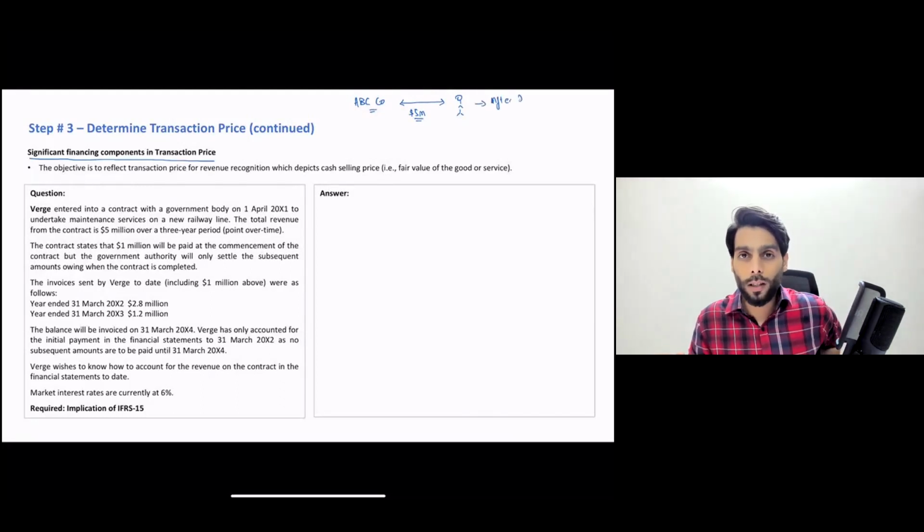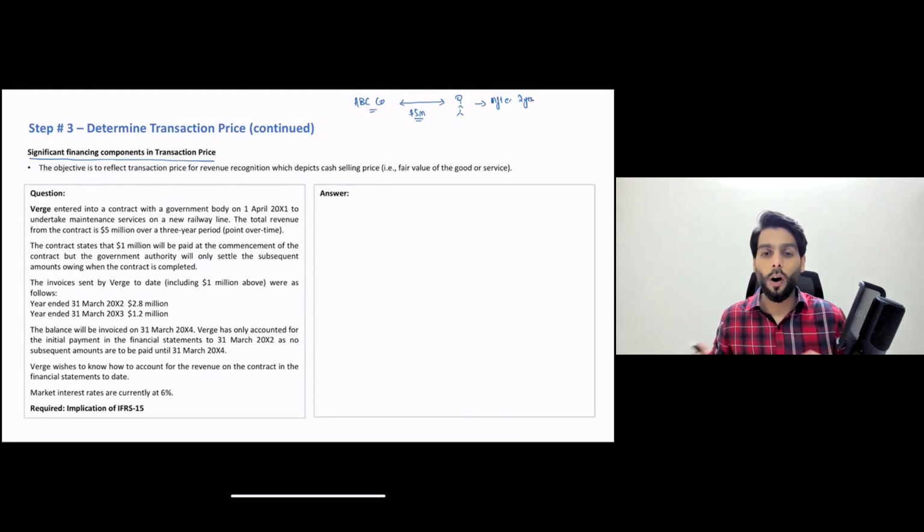Now just think about it. Would you offer this good or this equipment or whatever your product is to the customer on the same terms? Your customer is saying that okay, I'm happy with your product, but I can only pay after 2 years. Would you sell your product for the same 5 million to your customer? Yes or no? You would say no, no, no. Wait.